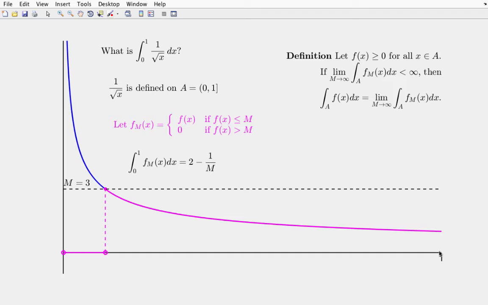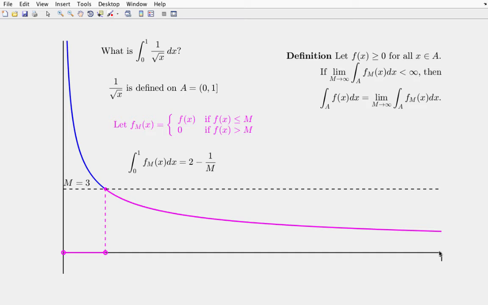So now that actually allows us to give a definition for when a function is integrable on a bounded domain if the function itself is unbounded. So let f of x be greater than or equal to 0 for all x in the domain.